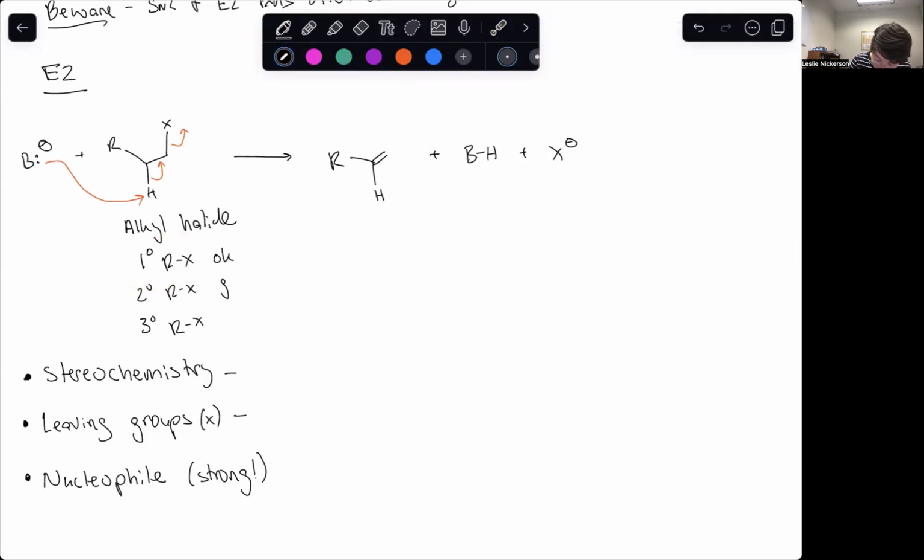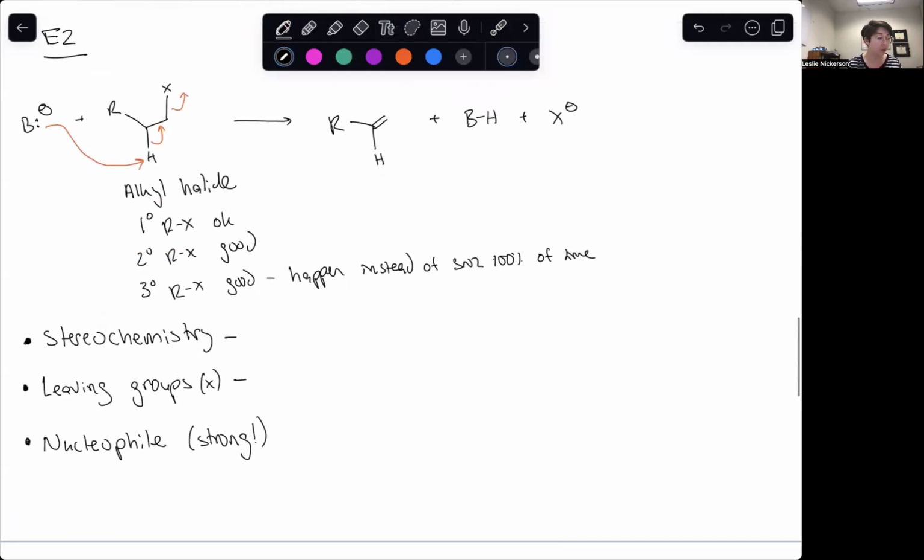So a secondary is pretty good, and then the tertiary is going to be really good here. This is going to happen 100% of the time instead of SN2. If we've got a tertiary alkyl halide and you're throwing in a strong nucleophile or strong base, you are going to end up getting E2 rather than any kind of substitution product. You're going to start making alkenes for sure.